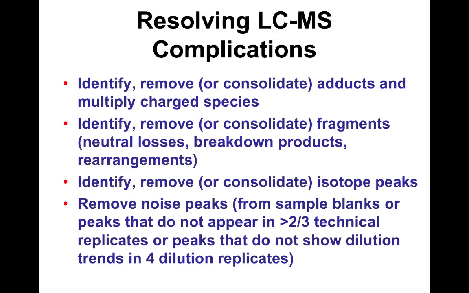You'll then try to consolidate the isotope peaks, all of those cascading smaller peaks, into a single peak. You'll also try to remove the blank or noise peaks, which we all know show up in all mass spec runs. This can be done by comparing between technical replicates or doing a dilution series to see which peaks appear and disappear.